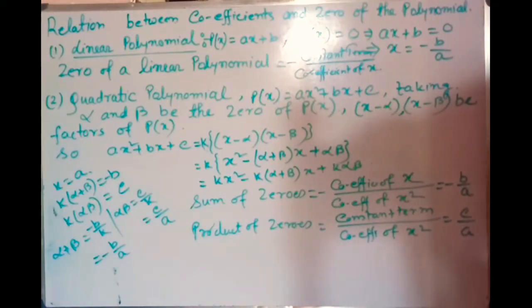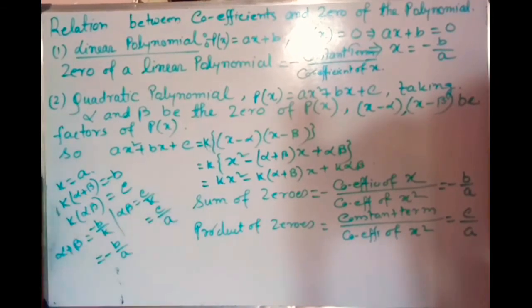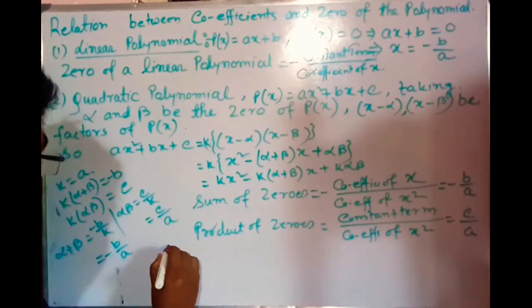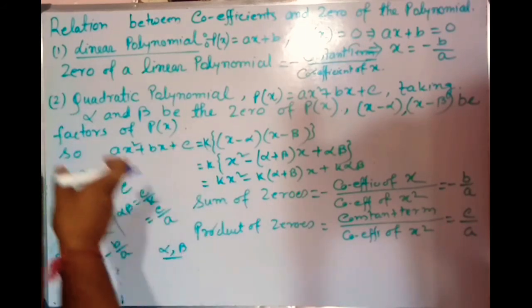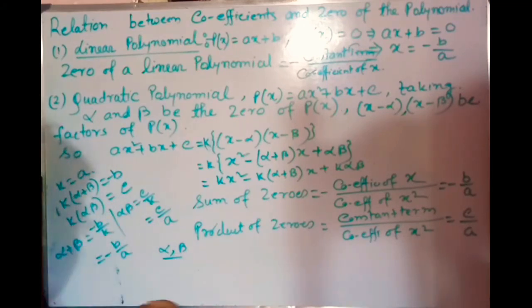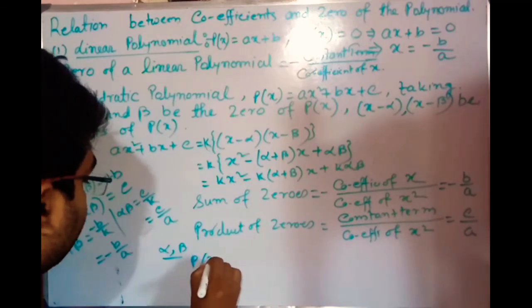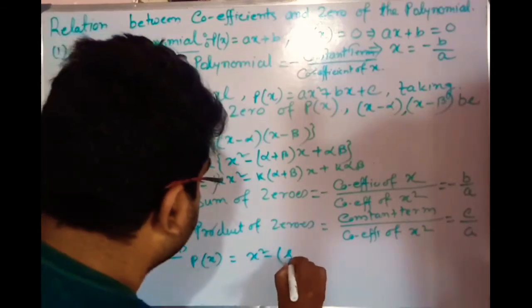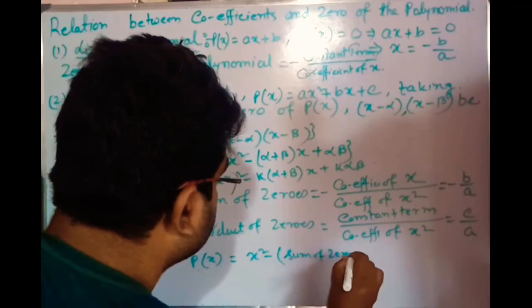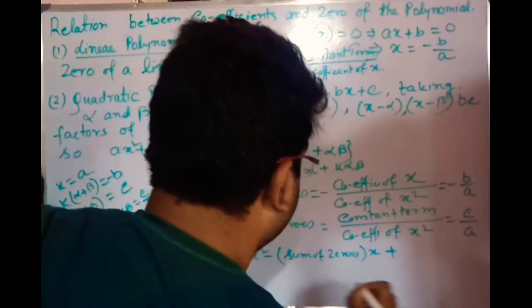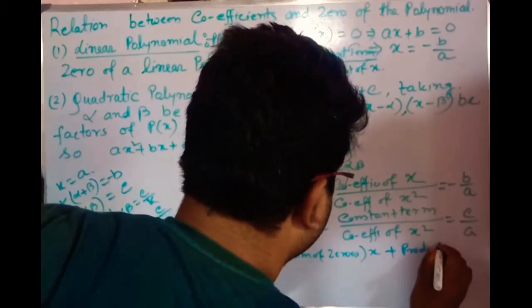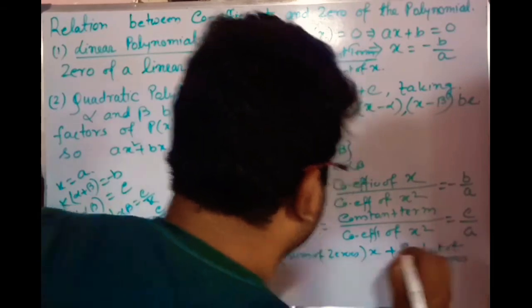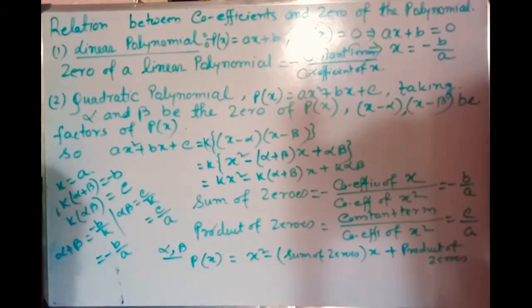Now if the zeros are given, suppose alpha and beta are given, and we have to form the quadratic polynomial, for that we do this: p(x) is equal to x square minus (sum of zeros) into x plus product of zeros. So we will get the required polynomial.